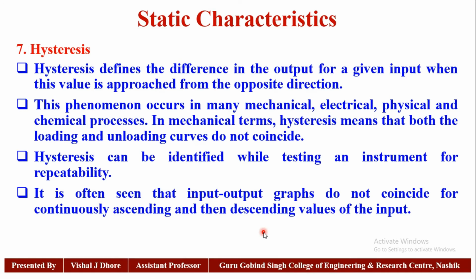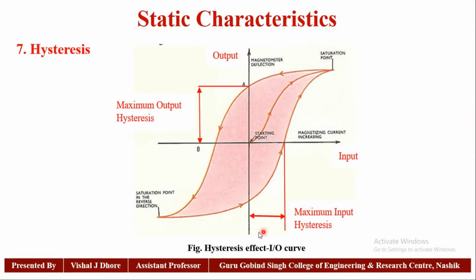We can understand this concept by using the figure. This is the image of the hysteresis effect on an input-output curve. As shown in the figure, we can obtain two different values of output for the same value of input under increasing and decreasing conditions.